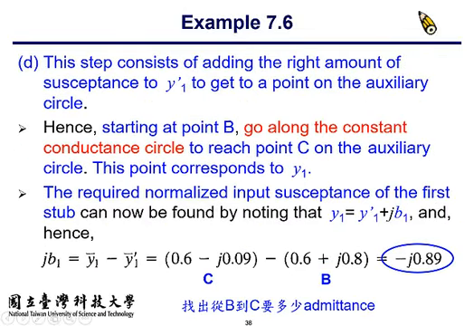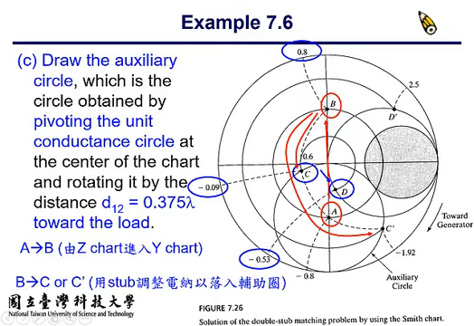Okay, let's go back to the problem. So by connecting a short stop that provides you with a susceptance of minus 0.89, you move to point C. What next?